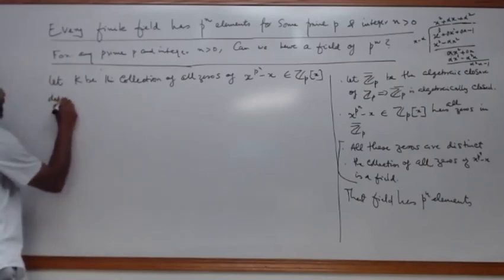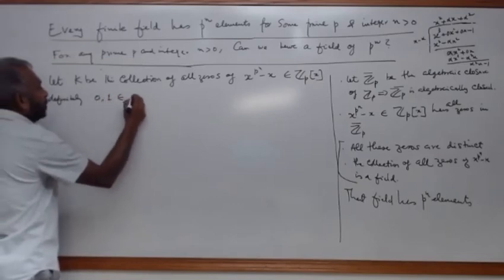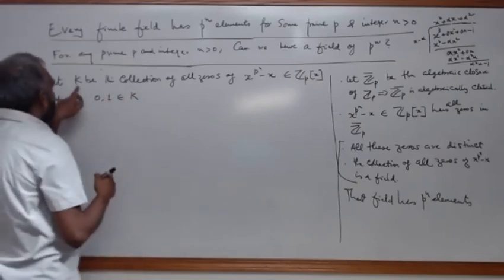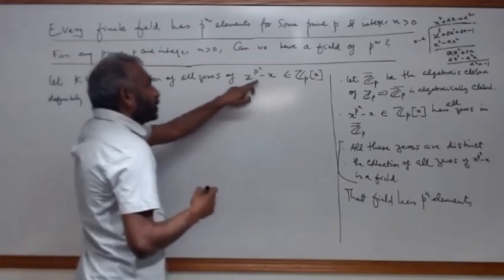Definitely 0 and 1 belong to K, because if you put 0 here, it is 0, because 0 and 1 are always zeros of this.